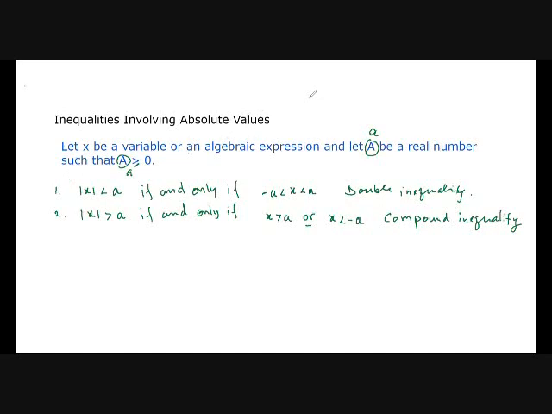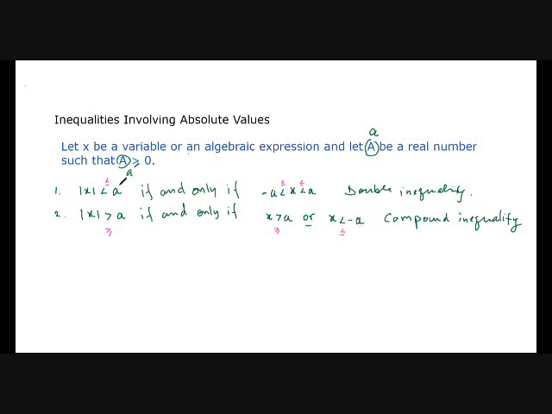So, if this one has an equal sign, then you can apply it as an equal sign. Like this one becomes less than or equal to, then you just change this one to less than or equal to at the same time. Also, if absolute x is greater than or equal to a, then you can write this one as greater than or equal to a, and x less than or equal to negative a.